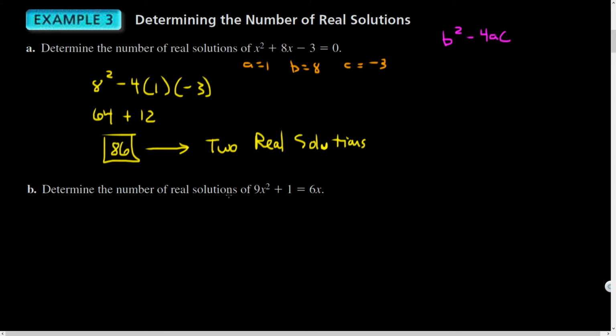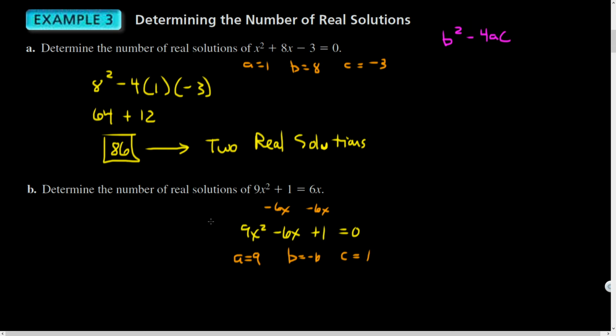Determine the number of real solutions for the following. So let's set this in standard form first of all. I'd have a 9x squared minus 6x plus 1 equals 0. And so a equals 9, b is negative 6, c is equal to 1.